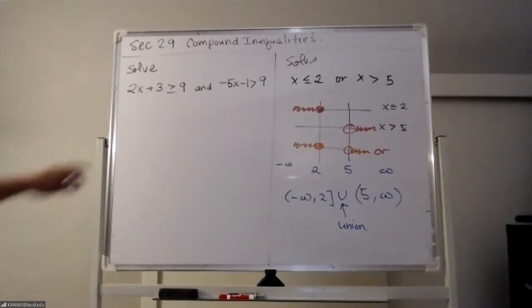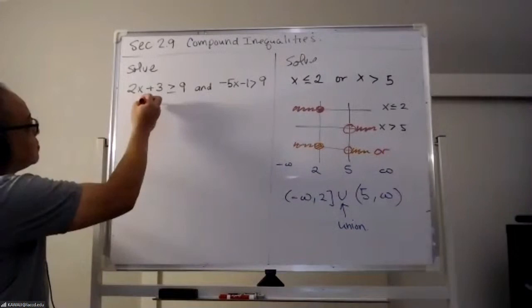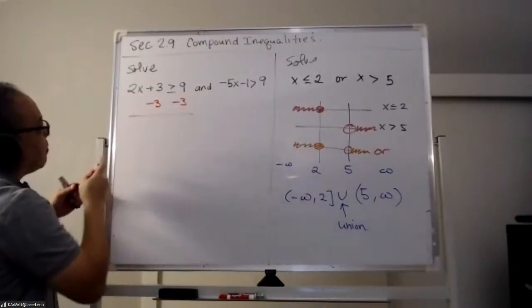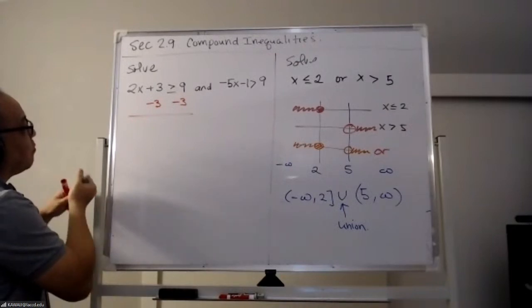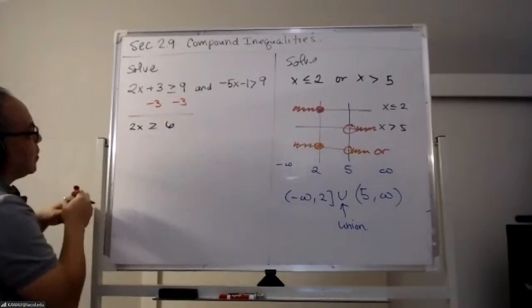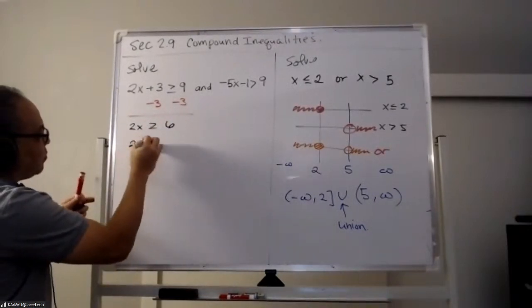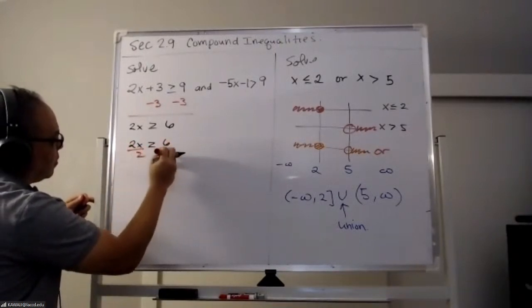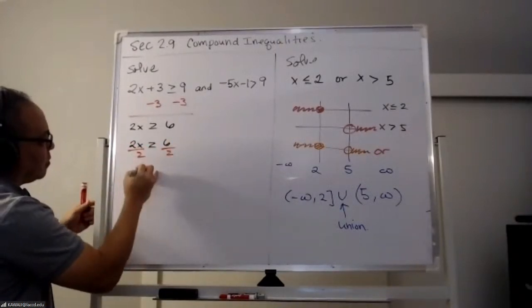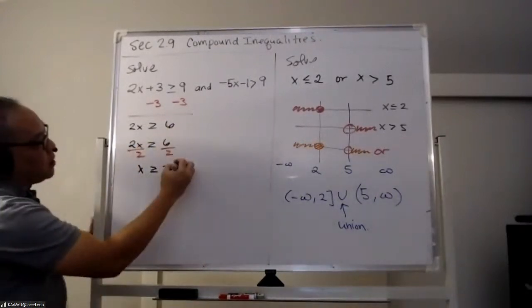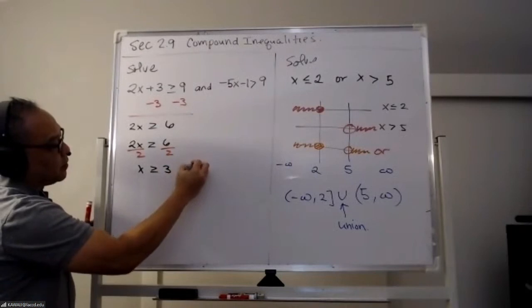Okay, so isolate that x, and then divide both sides by 2. Okay. Now, go ahead and do the same thing with the other side.